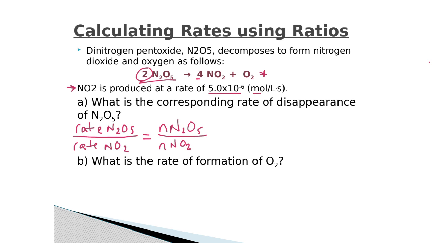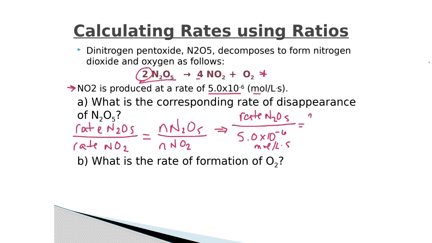So we set this up. The rate of N2O5 is what I am calculating. I know that the rate of NO2 is 5.0 times 10 to the negative 6 moles per liter second. And then I'm going to equate that to the mole ratio.